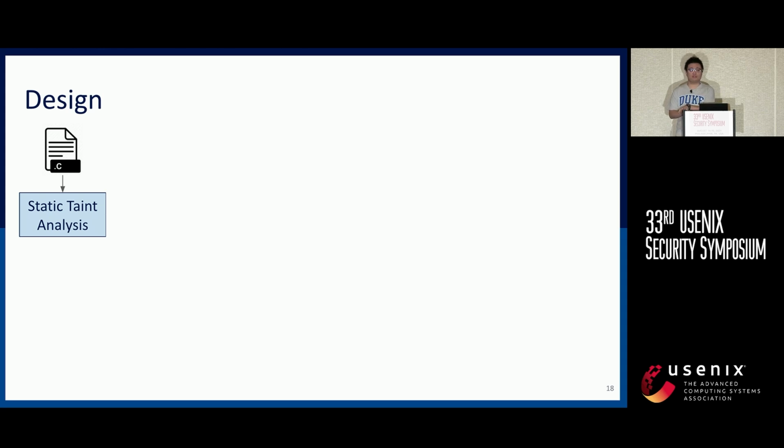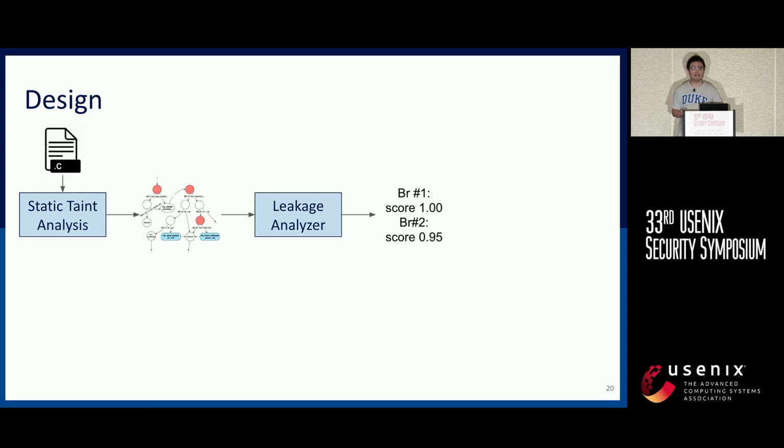Next, I'm going to introduce our workflow. We start with a set of source code files. We feed these code files into our static taint analysis, which generates one specifically modified graph called the tainted control flow graph. We then feed this graph into our leakage analyzer, which outputs a list of ranked branches.